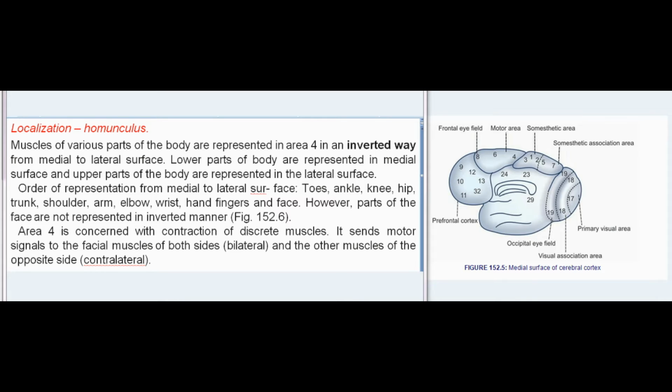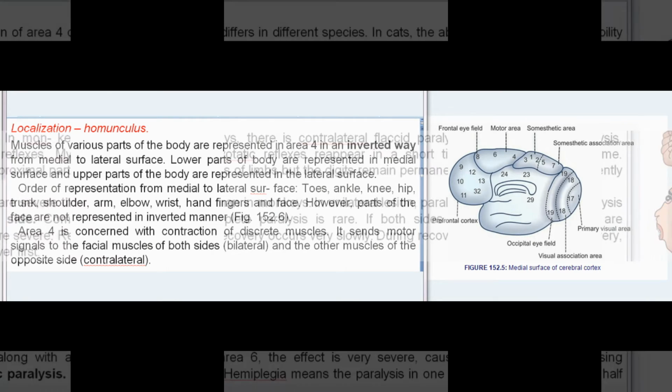However, parts of the face are not represented in inverted manner. Area 4 is concerned with contraction of discrete muscles. It sends motor signals to the facial muscles of both sides, bilateral, and the other muscles of the opposite side, contralateral.